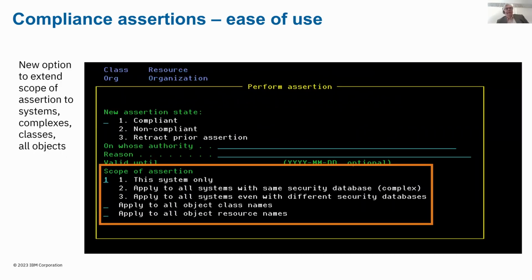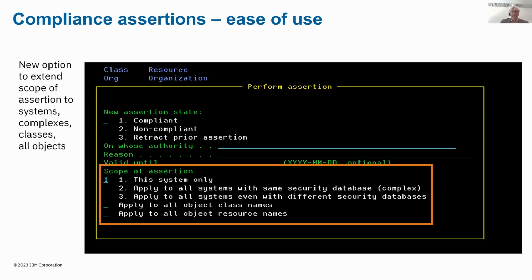Another new feature is extending assertions. That's actually a request for enhancement we got from several users. They would say, well, I'd like to do this assertion, but I would love to do it only once and say it applies to all my systems. So here's the choice. The scope of the assertion is now a new area here, and you can say it applies only to this system. That's the normal one.